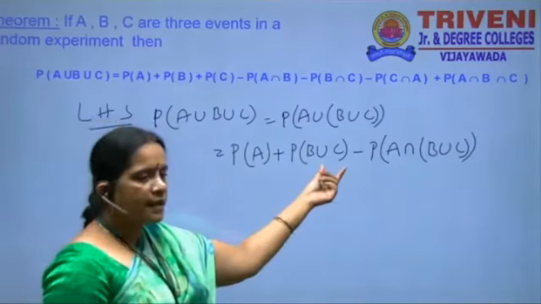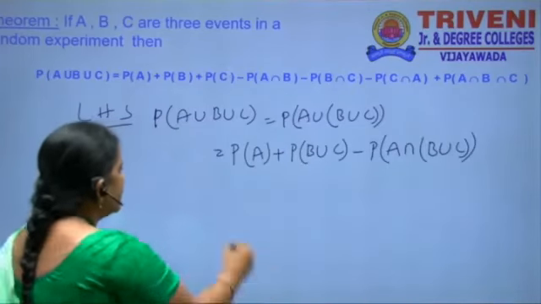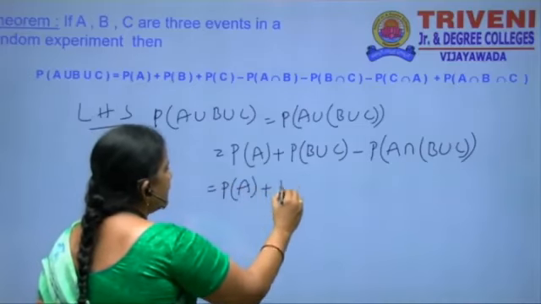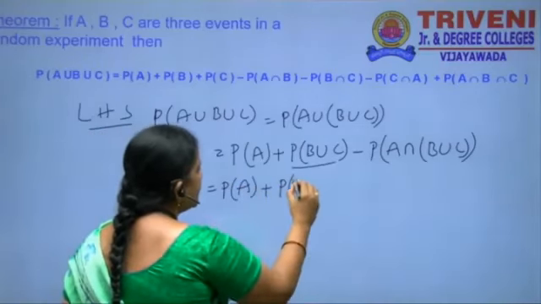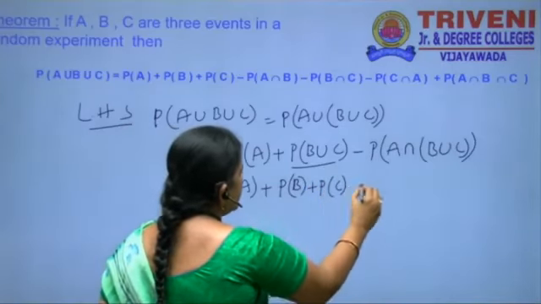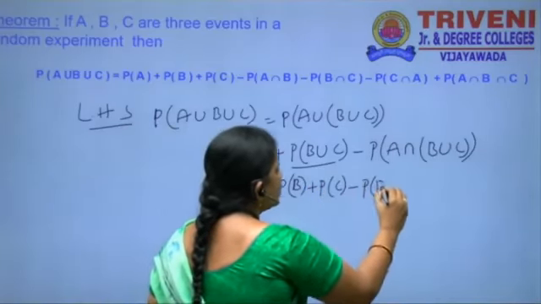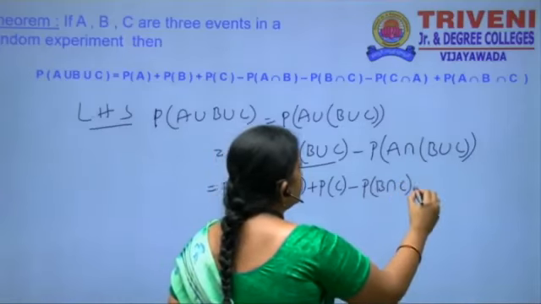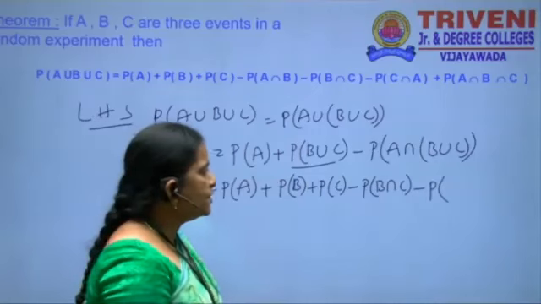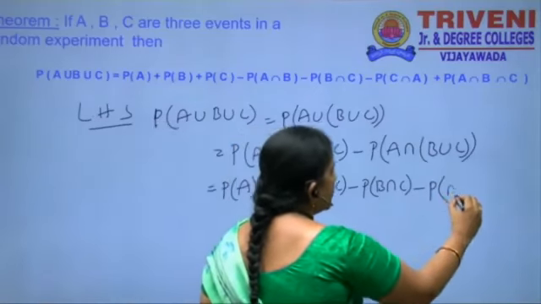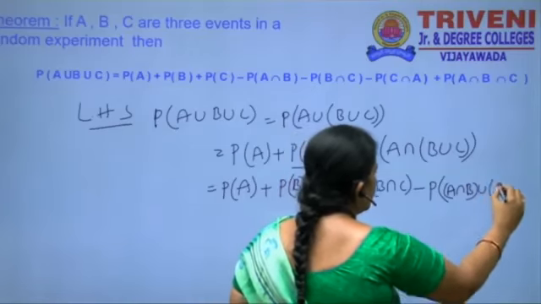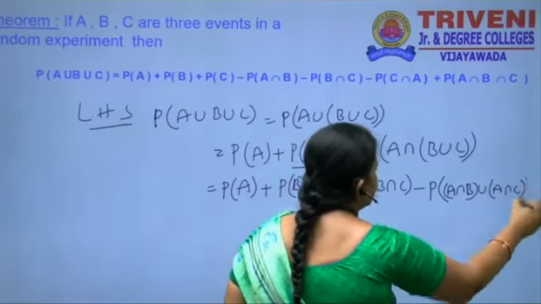For B union C, by using the addition theorem, P of B plus P of C minus P of B intersection C. Minus P of A intersection (B union C), which is (A intersection B) union (A intersection C).